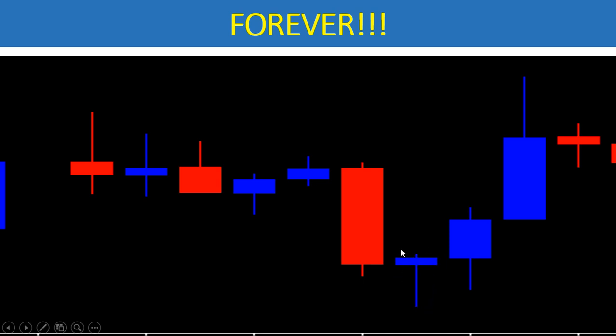So this is a bullish pin bar, formed at the support. So we're going to buy above it, and you can see our price moves significantly up with respect to the pin bar. So this is a pin bar. Try and study how it works.